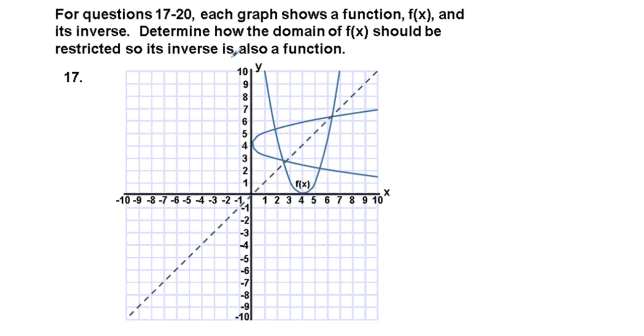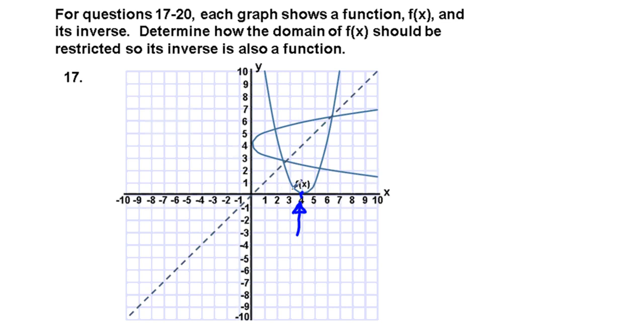For questions 17 through 20, each graph shows a function f of x and its inverse. Determine how the domain of f of x should be restricted so its inverse is also a function. So here's the original function f of x. We can see right here that if x is less than 4, the function is decreasing in value, and greater than 4, the function is increasing in value. So that becomes a point of demarcation.